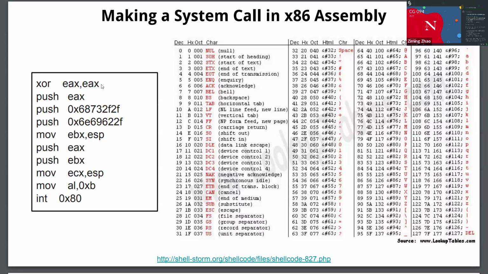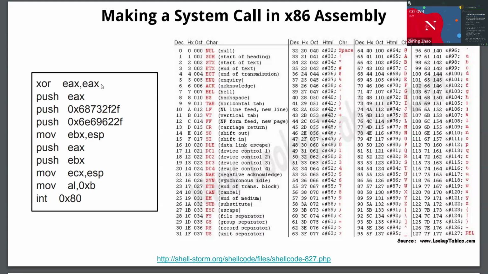We don't really know the value in EAX, but we do an exclusive OR with the same number. What do we get? We get 0, right? So basically, what we're doing here is setting EAX to 0. There are other instructions we can use to do this as well. We can do a move 0 to EAX, but there are reasons we don't want to do that. But we'll explain that later.